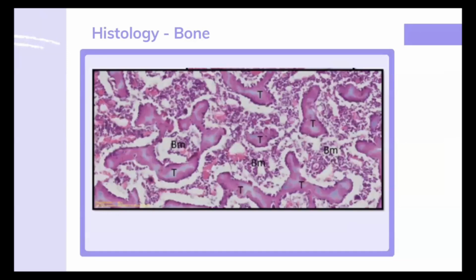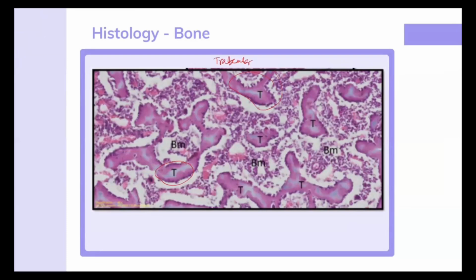Moving forward, we're still at bone, but we're now at a different type of bone. As the name may suggest, this is trabecular bone. So if they ask you characteristic features, you have two. You have the trabeculae, which are these, just like these cavities, I guess I could say. And in the center of them, you have the bone marrow. So that's what BM stands for.